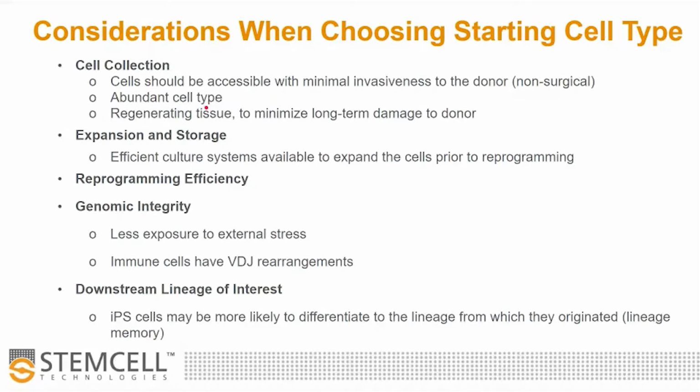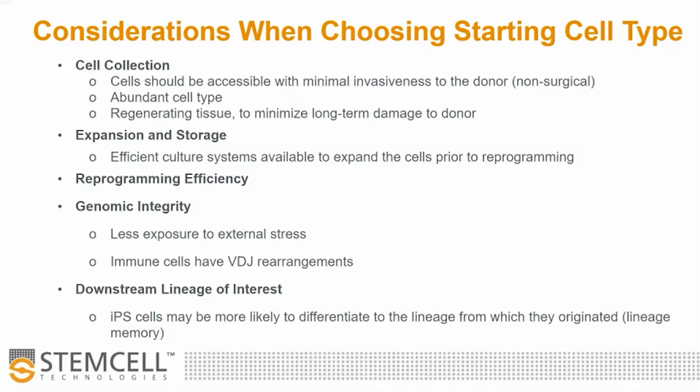You have to consider how abundant the cell type is. So if you're going after a very scarce cell type, you may have to think about how to expand those cells before reprogramming. If you're going after a more abundant cell type, you may not even have to do that. And is the cell type that you're seeking or sourcing from a regenerating tissue?